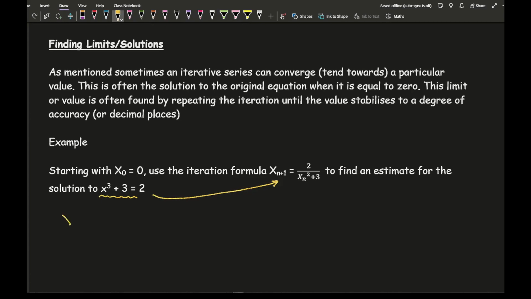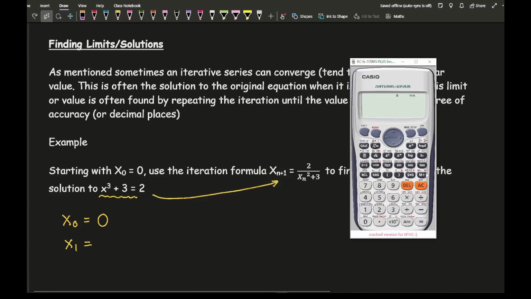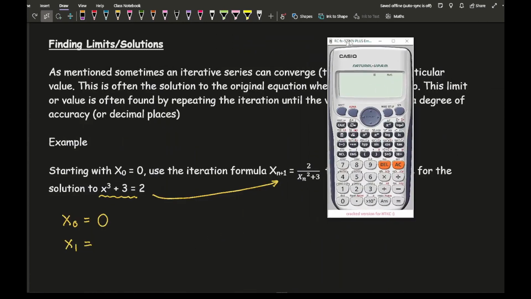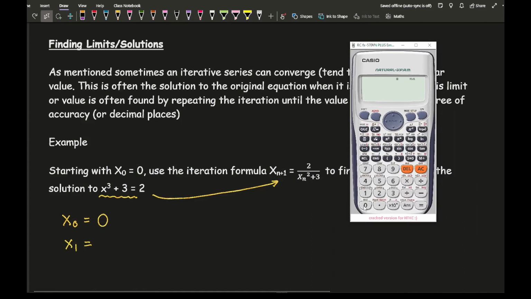Now in this particular question it's starting with x0, so we know that x0 is 0. So what I then need to do is find x1. For this I'm going to use my calculator. Let's start by entering 0 into the formula.